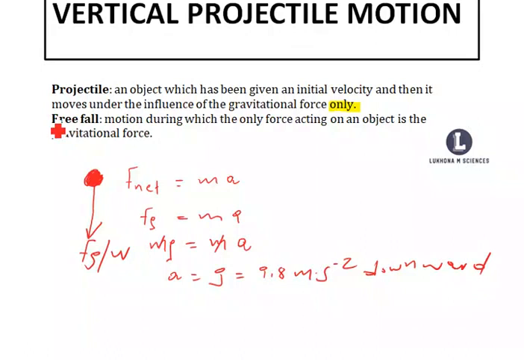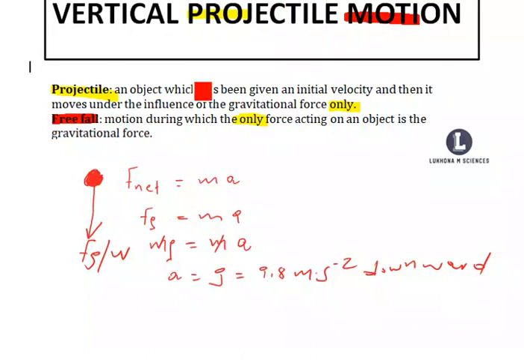Then we have another definition, of a free fall. Free fall is the motion during which the only force acting on an object is gravitational force. Even in this definition, we have the only force, which means the free body diagram is the same. So we have the projectile, then we have the projectile motion, that is the free fall.